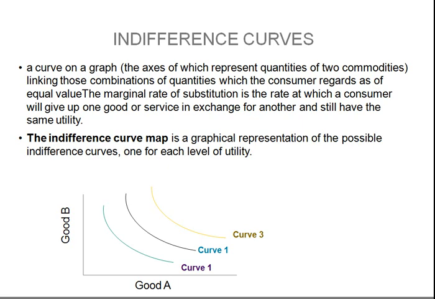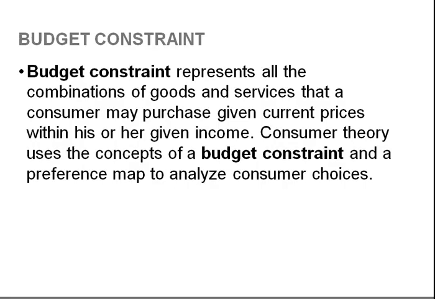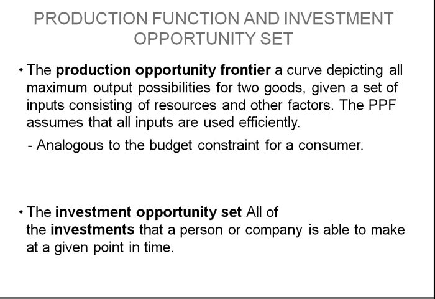We have some certain level of utility, and whenever we change from one commodity to another, it means we are consuming a different basket of goods at the same level of satisfaction. For example, we are using one banana and 10 ice creams, or another basket could be two bananas and 7 ice creams, and there can be a lot of different combinations which give us a certain specific satisfaction level. Budget constraints, as we have seen before.